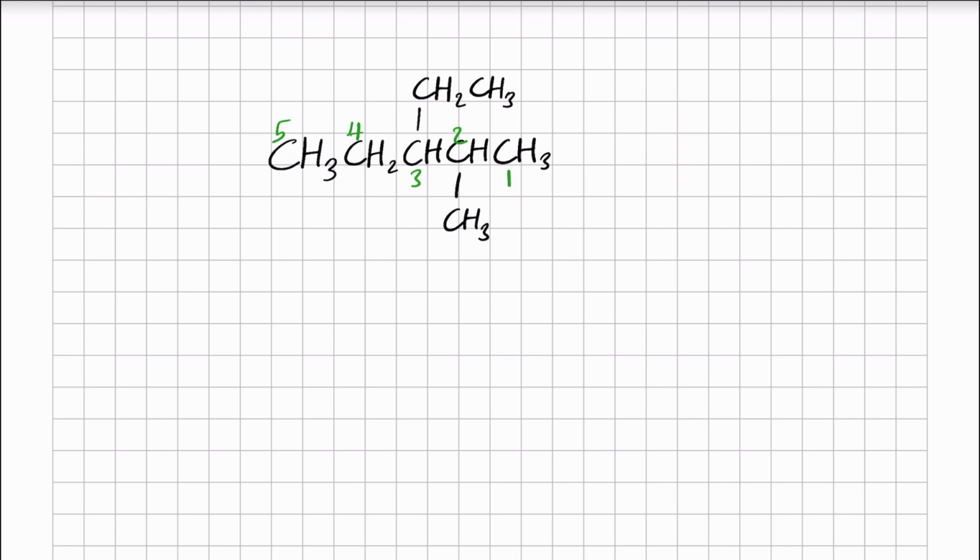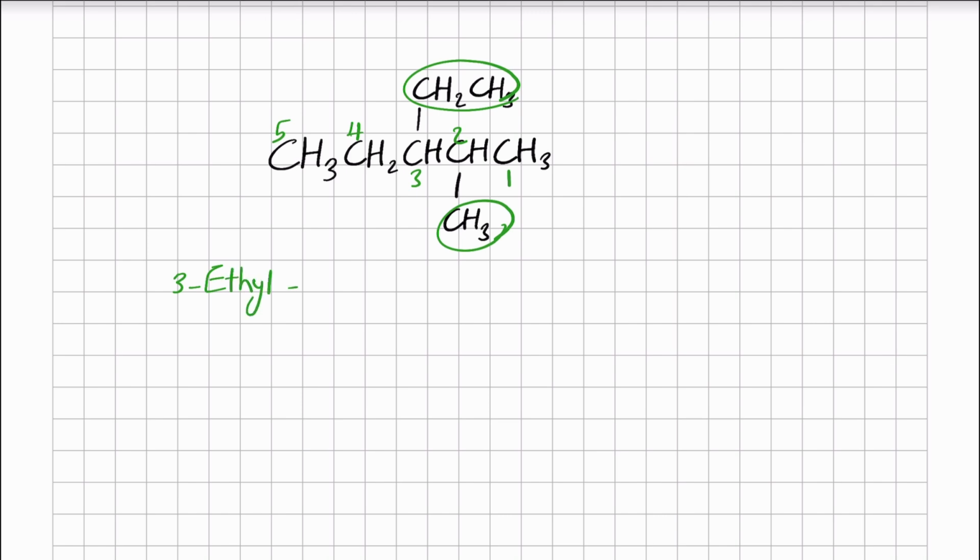It's time to define the substituents' names. Here we have a methyl group, while on the other hand we have an ethyl group. When it comes to alphabetic order, ethyl comes first compared to methyl. So let's say 3 ethyl.